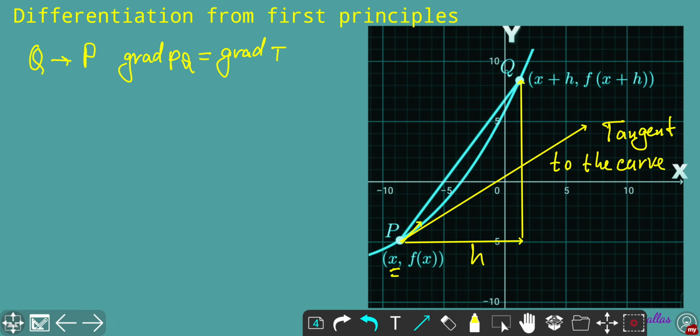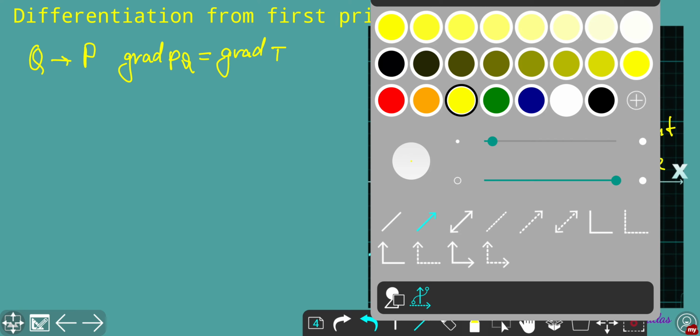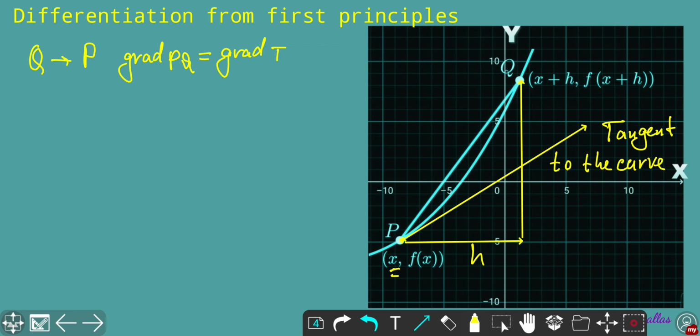Because only in the 0 case, when h is very, very small, we will arrive to the point P. So Q, in this case, will arrive to the point P. So that's why it means that the h step, the horizontal step, should be very, very close to 0. So this arrow denotes that we're taking the limiting case. h is very close to 0. That's why we can denote it as the limit, okay?